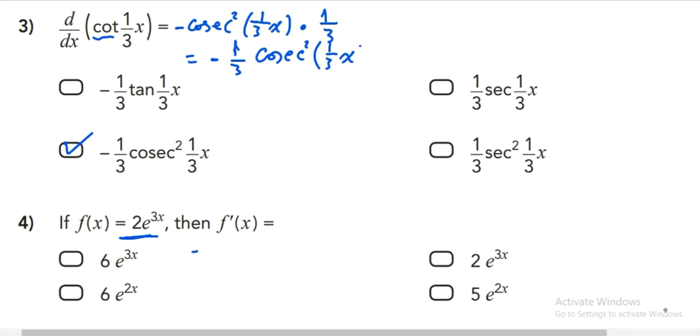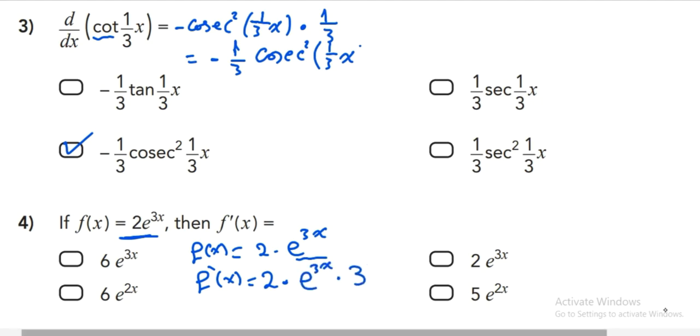So if f of x equals 2 multiplied by e to the power 3x, then f dash of x equals this: 2 multiplied will be written the same. We will differentiate this part. We write the same function multiplied by differentiation of the power. By modifying the form, multiply 2 by 3 equals 6e to the power of 3x. This is the choice.